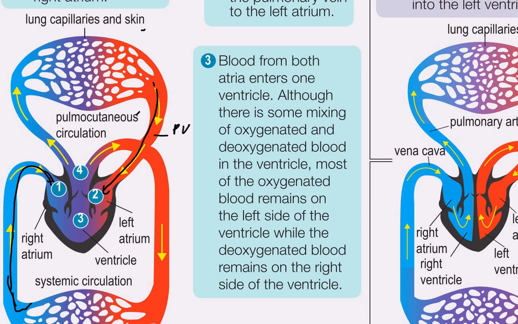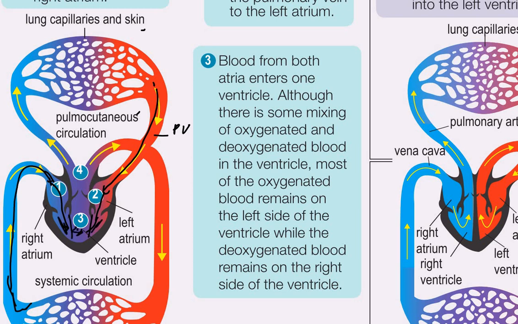And then from the left atrium and the right atrium, the blood will flow into the ventricle. Here they are mixed together, but usually the oxygenated blood will be on the left side and the deoxygenated blood will be on the right side.